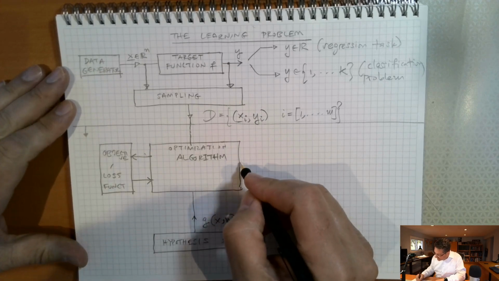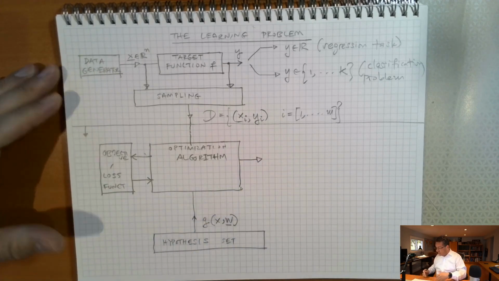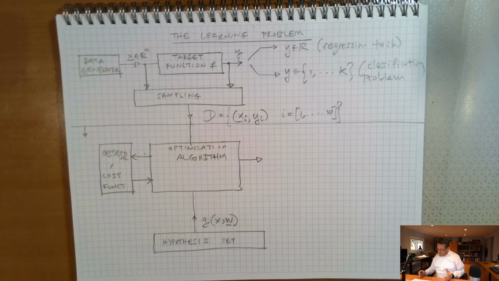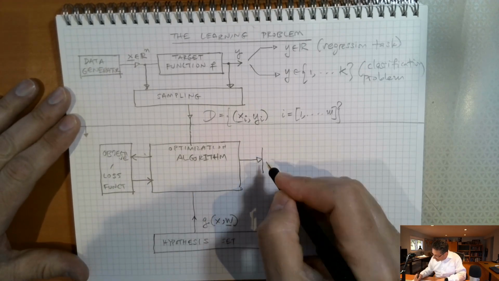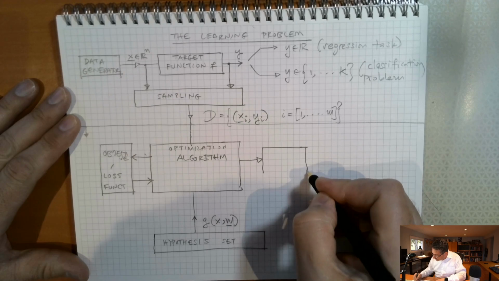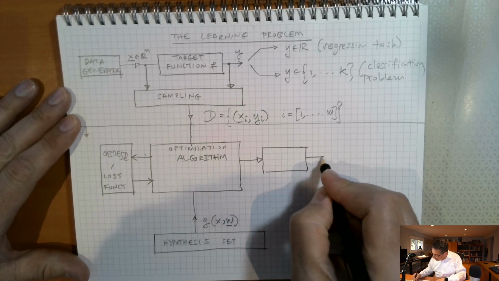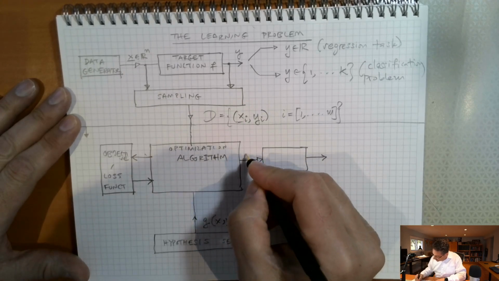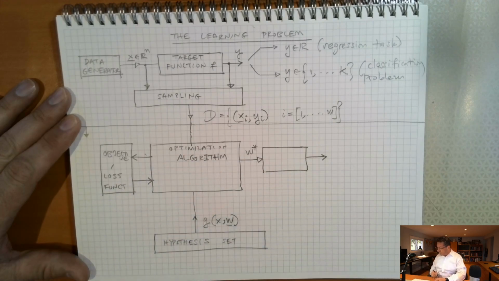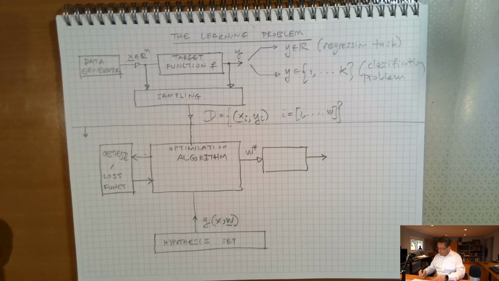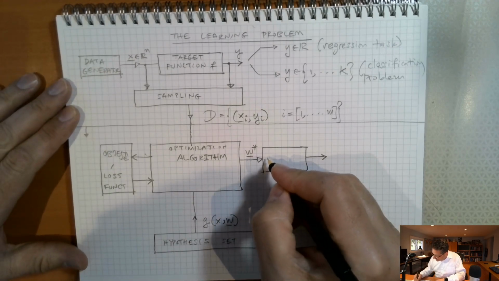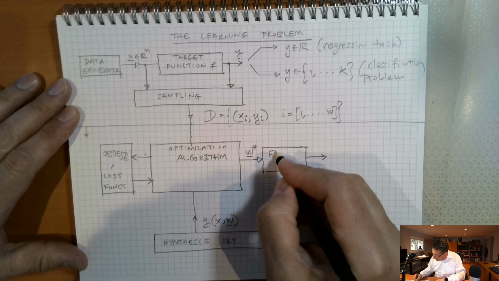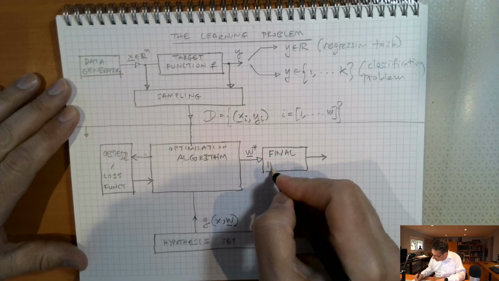And it will do its thing, and we'll see that it's going to be an iterative algorithm. And at some point, the iterations will end, and we will produce the so-called optimal parameter vector W. And using that, we will form our final hypothesis.